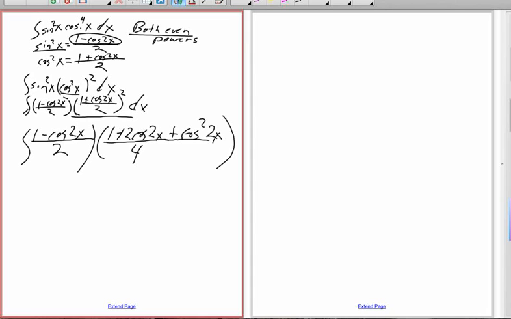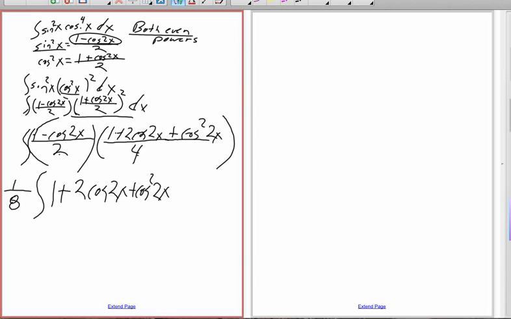And then I'm going to distribute this into here. And 2 times 4 to multiply that is going to give me a 1/8. I'm going to multiply everything in, so I'm going to go ahead and pull this out. And 1 times 1 gets me 1. 1 times 2, so I'm going 1 plus 2 cosine 2x plus cosine squared of 2x.